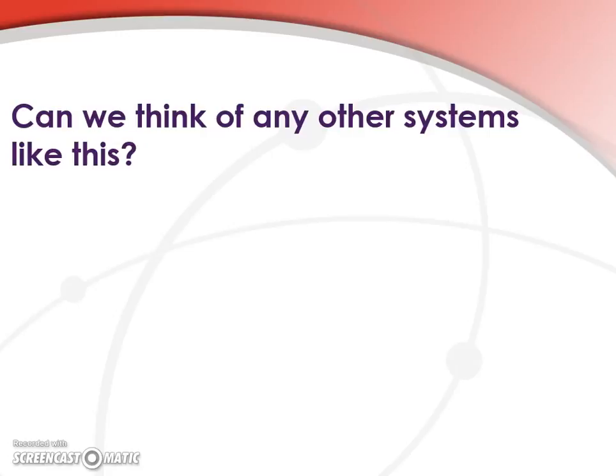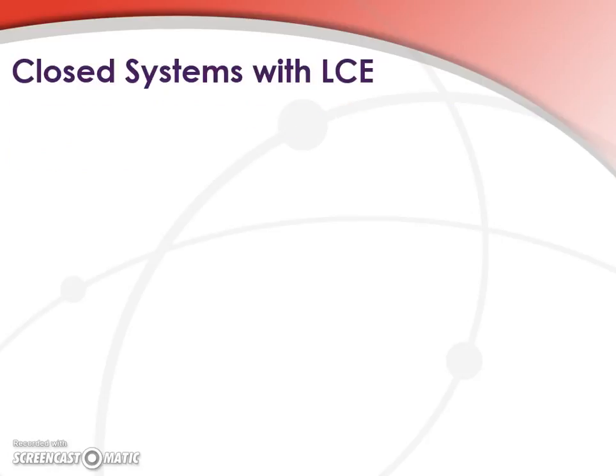Okay, now you've done a bunch of exercises and you've got your feet wet with conservation of energy problems. Can you think of any other systems that we can treat this way? So stop and think for a second about any other systems like that. They're going to involve gravity and speed, and I'll list some that I thought of off the top of my head.